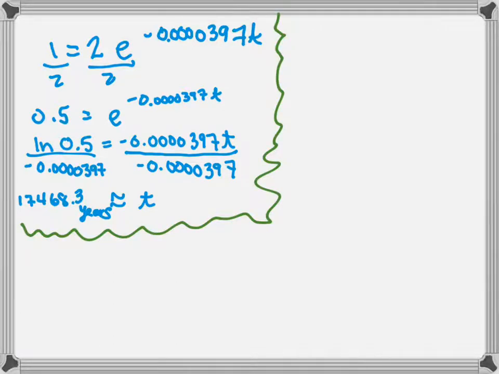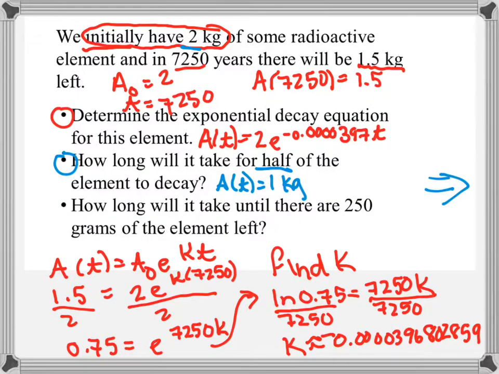Okay, so we have one more part. Let's go back to that other slide. We will look at this final part in green. So how long will it take until there are 250 grams of the element left?